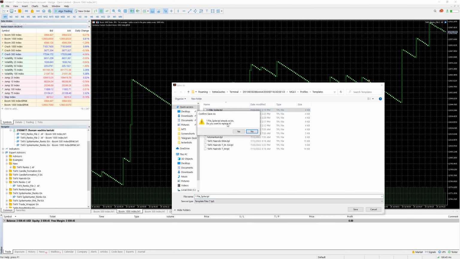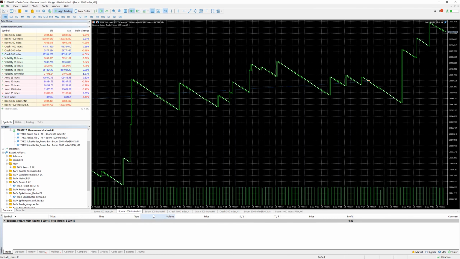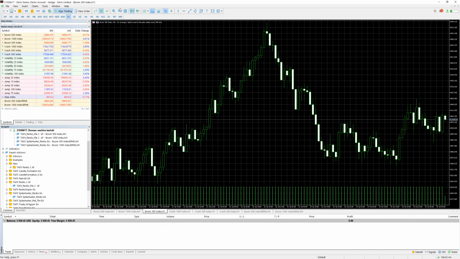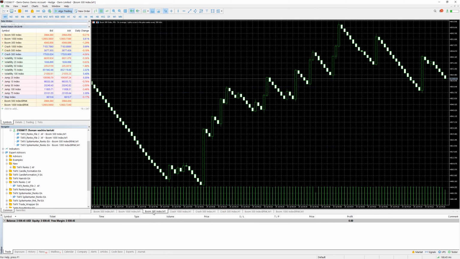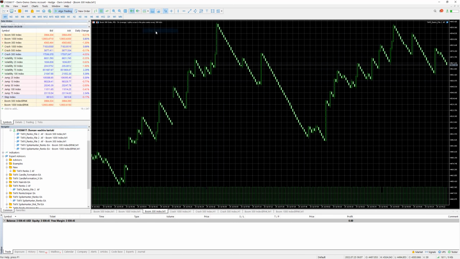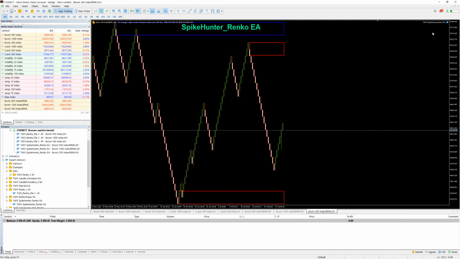So let us double click. This helps you to save your time. Now here we can go in minute one. Let's say we want to work now with Boom 300. All you need to do is pick this Spike file that we saved. Automatically now it will come with the EA.